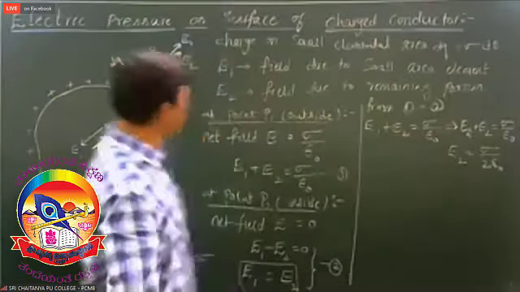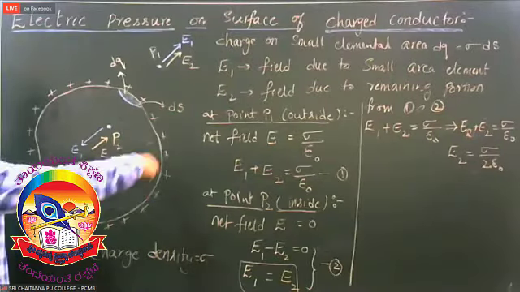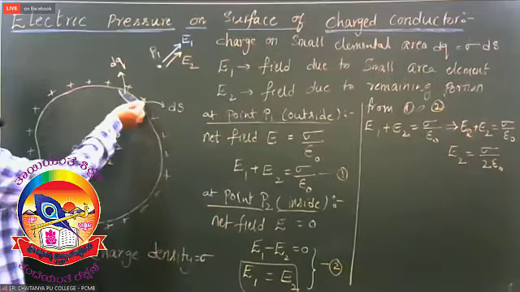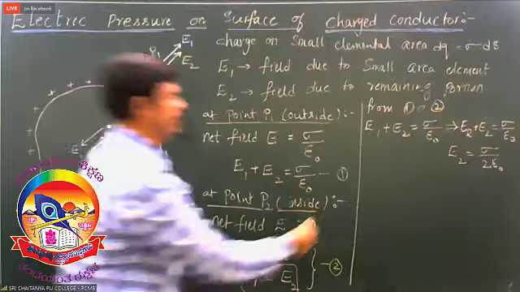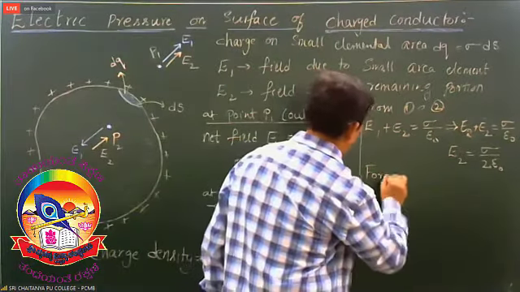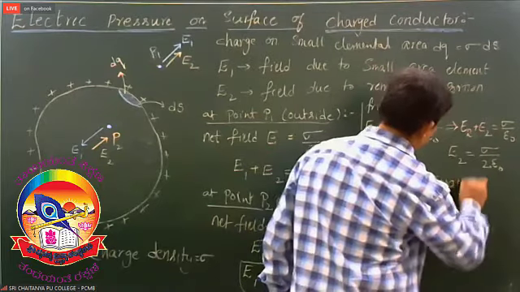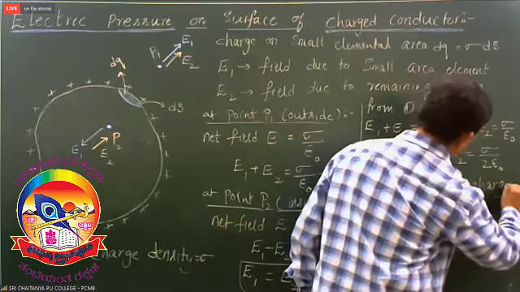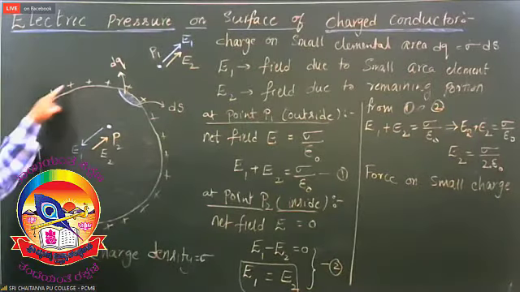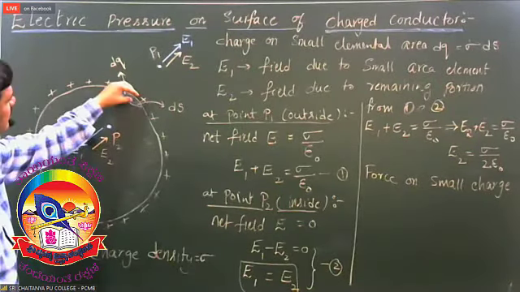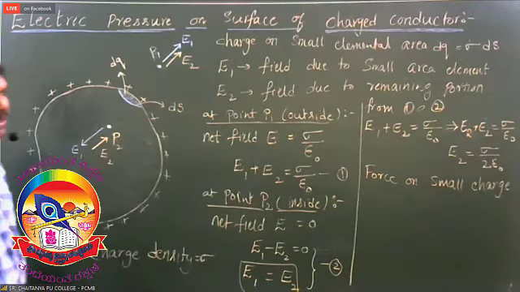Well, what is E2? Field due to this remaining portion. Let us find the force acting on this small element, the force on a small charge. The field due to this remaining portion exerts some force on this element, a repulsive force. What is the formula for force?